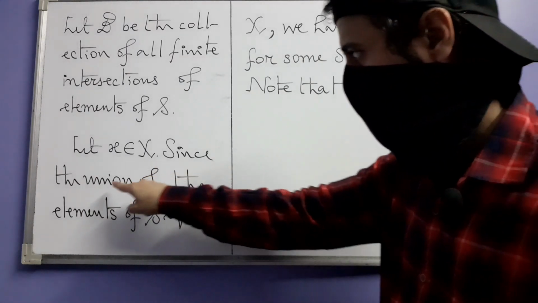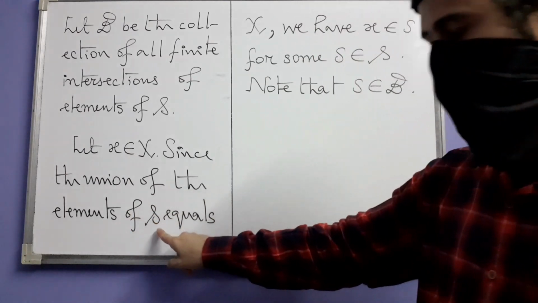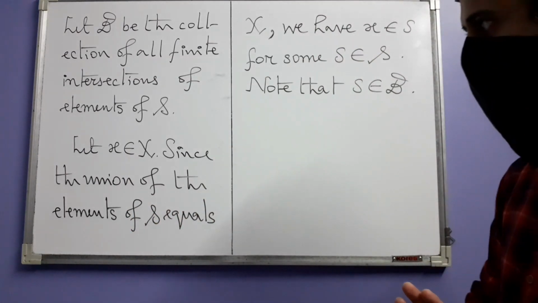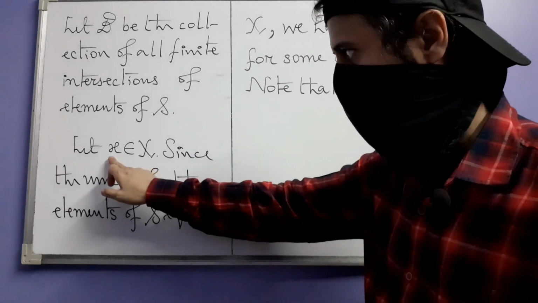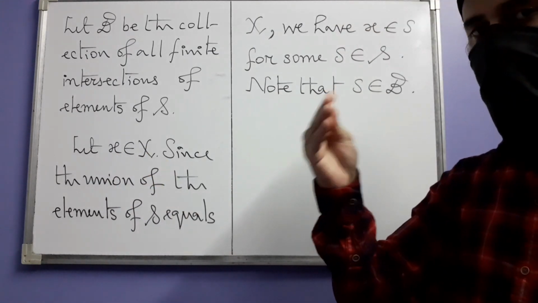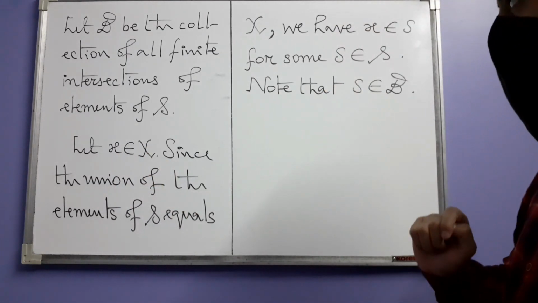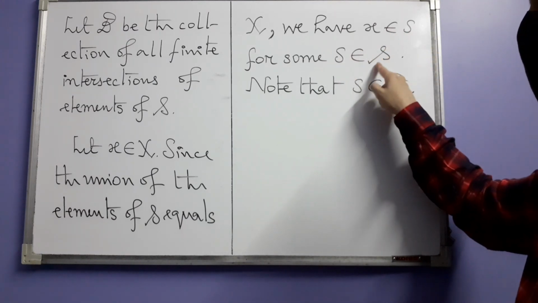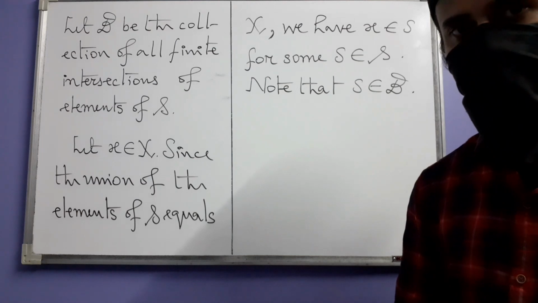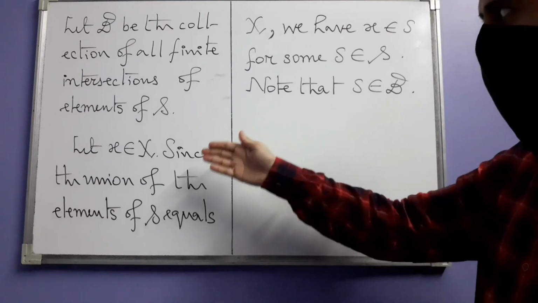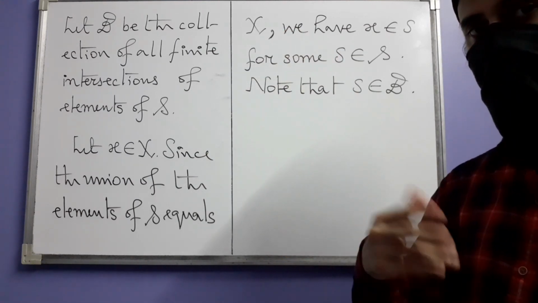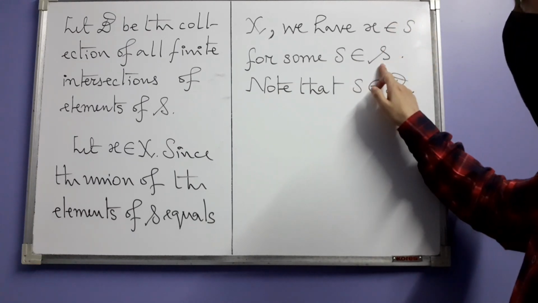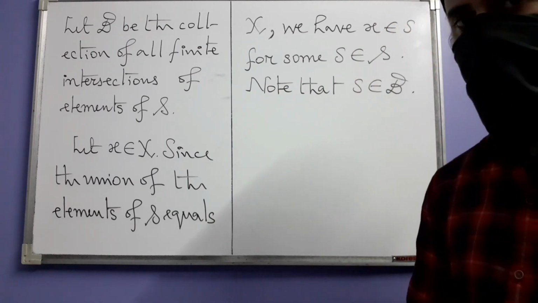That the union of the elements of that subbasis is equal to X. So since this point x is in X, x will belong to that union. So x will belong to at least one element S from this collection S, because X is the union of all the elements of this collection.